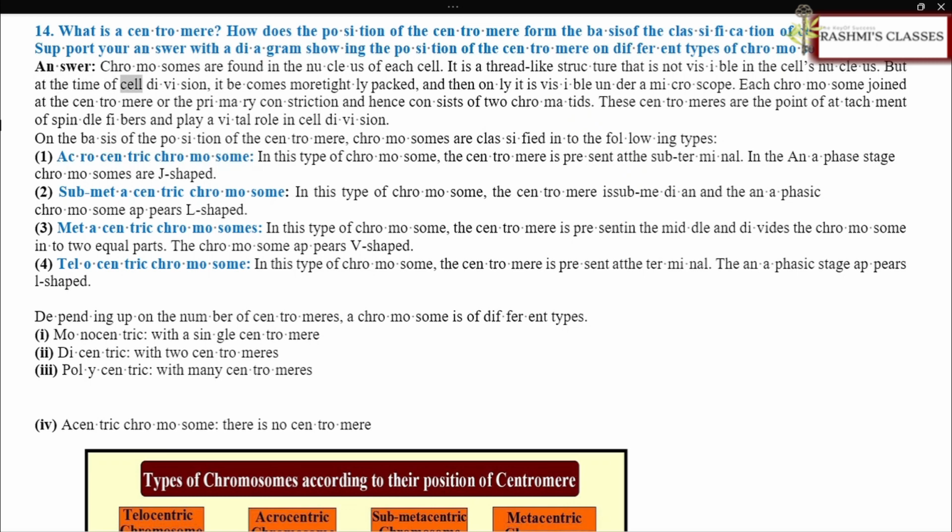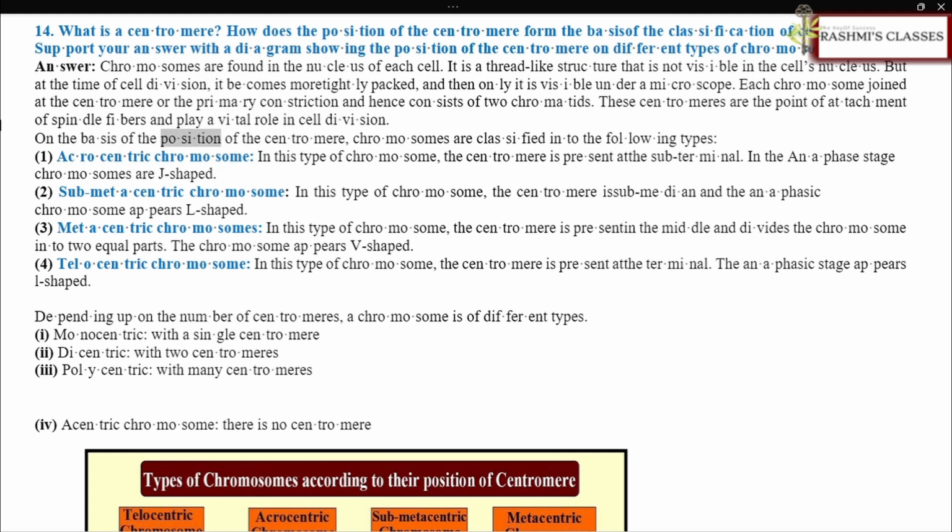But at the time of cell division, it becomes more tightly packed, and then only it is visible under a microscope. Each chromosome is joined at the centromere or the primary constriction and hence consists of two chromatids. These centromeres are the point of attachment of spindle fibers and play a vital role in cell division.